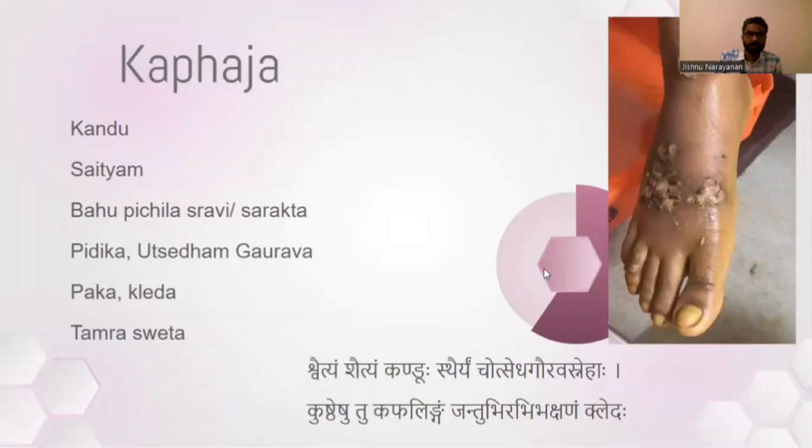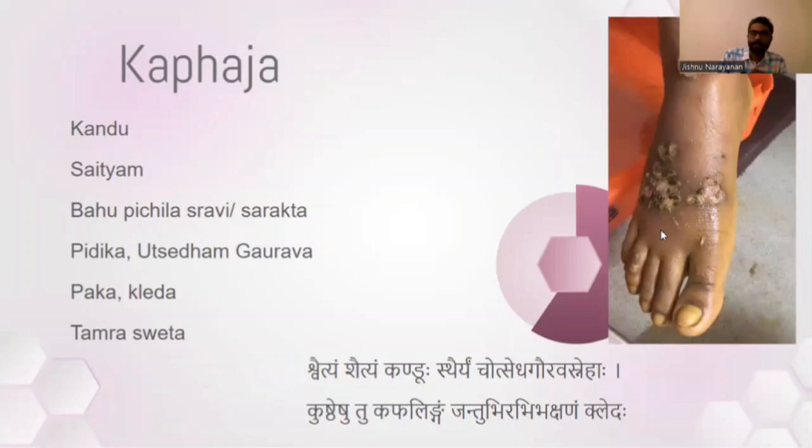Again, coming to the Kaphaja variety, you can see how evidently Kapha can be seen here. When you touch the patient, the area will be Shita, there will be Kandu, Shaityam, as we have explained, Bahu Pichila Sravi. So here you can see this is a patient who is just coming after the Shodhana treatment.